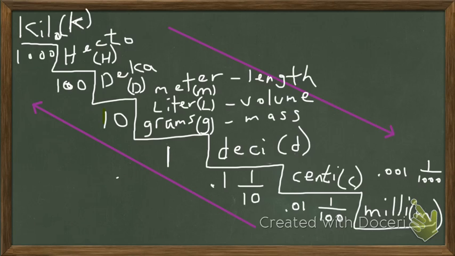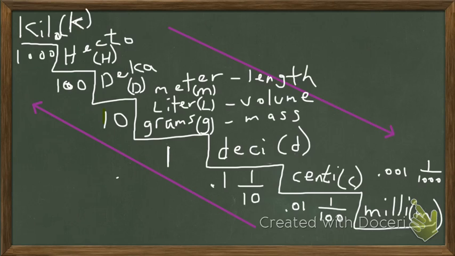Because the numbers that you use are not going to change. The only thing you have to do is move the decimal. So it's 0.01 for centi. Can you see those purple lines that I have up there? The one at the top is going down the staircase.